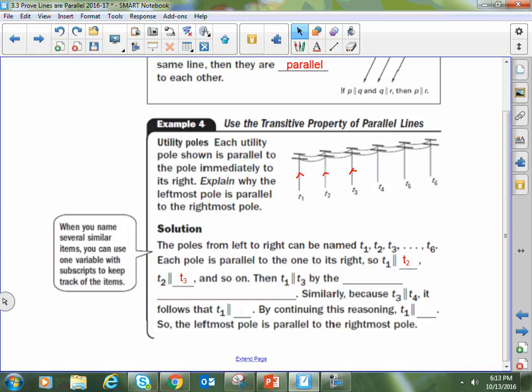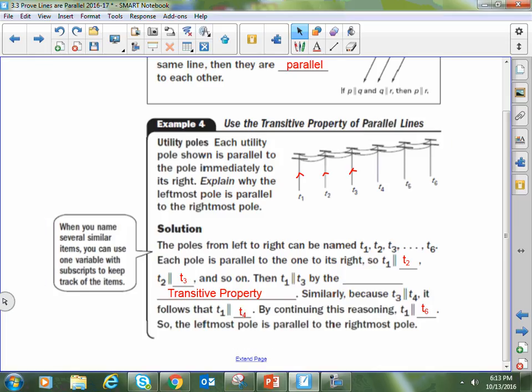So if T1 is parallel to T2 and T2 is parallel to T3 and so on, then ultimately, by the transitive property of parallel lines, and I abbreviated it here, I didn't write the whole thing, we can conclude that T1 must be parallel to T6.